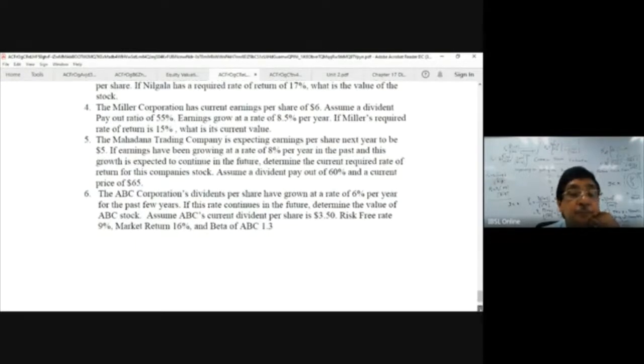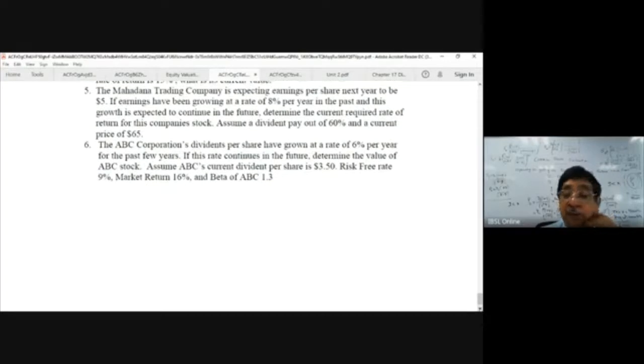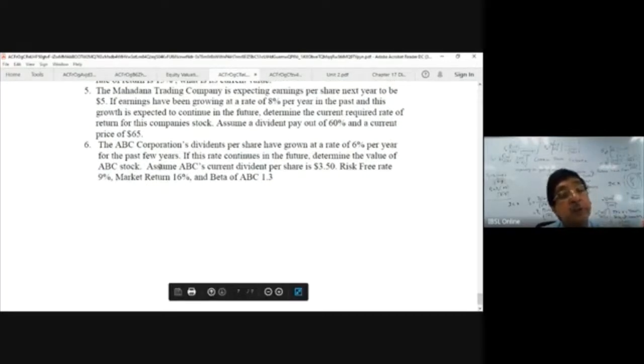Right. Shall we go to question number 6? Before going into the two-stage model, we will see some problems where we have to deal with some additional points.